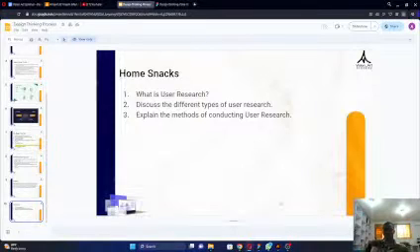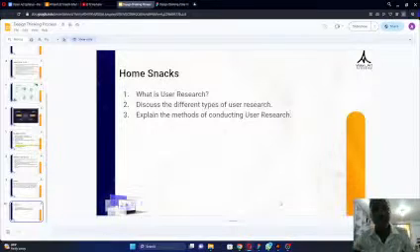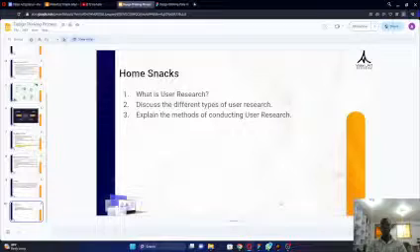Try to come up with a brief discussion on user research, and also discuss the different types of user research that we have, and explain the methods of conducting user research. You can make your research on these questions and give feedback in the form of a Google slide. You can just send that to the group. We'll be reviewing that before we move on to the main topic of that day.